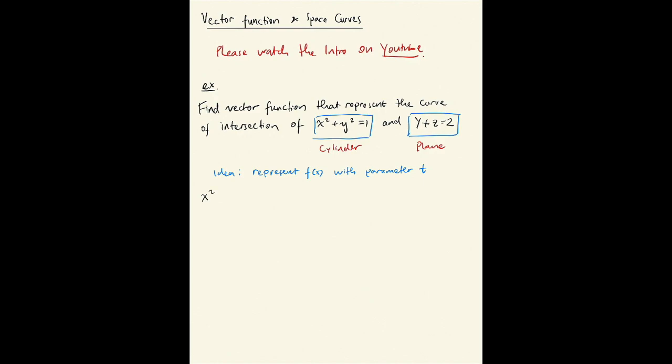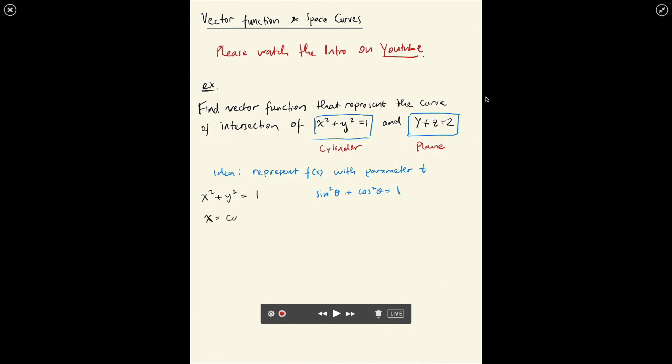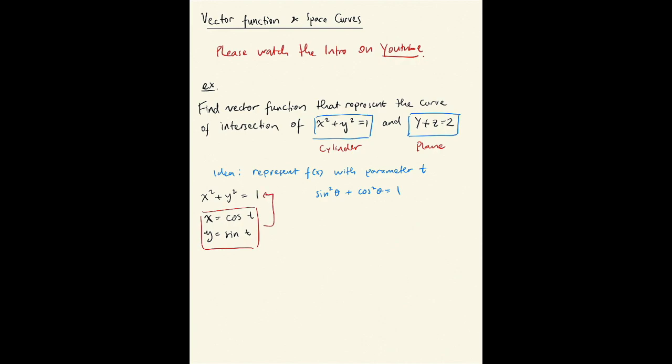If I write x squared plus y squared is equal to 1, if you remember sine squared theta plus cos squared theta is 1, right? So imagine x is my cos t and my y is my sine t. If I make x and y as cos and sine of parameter t, then it should fit with x squared plus y squared equal 1, right?